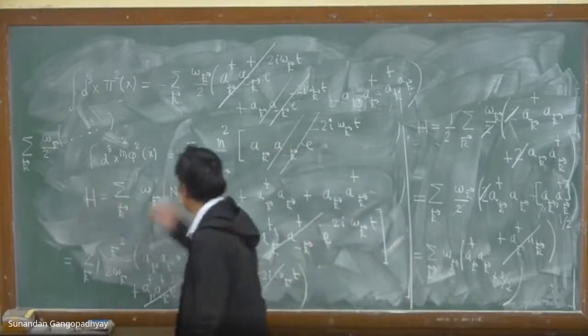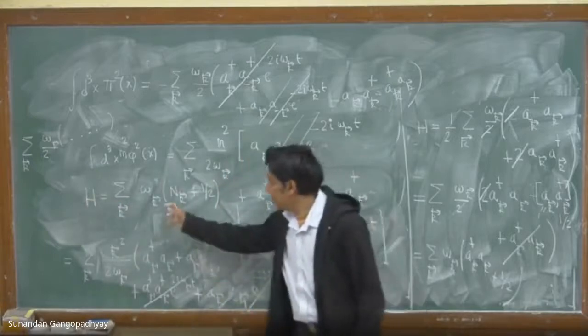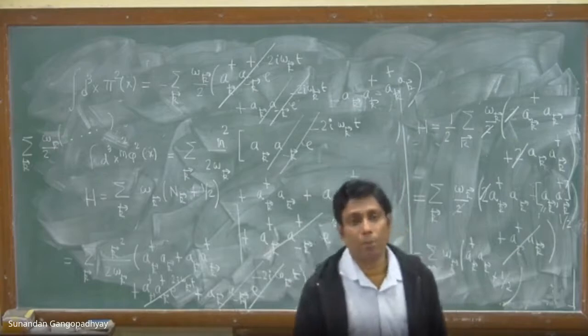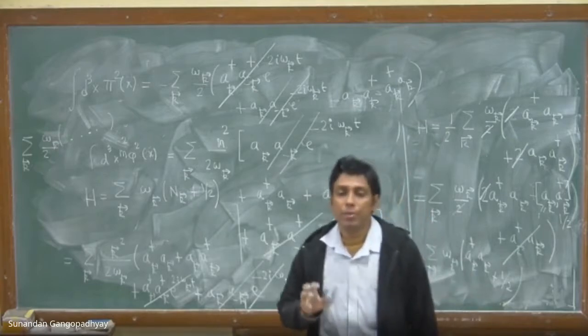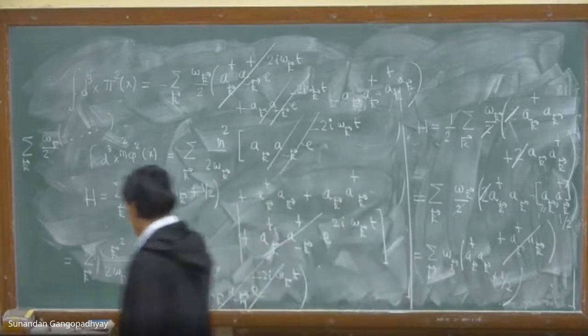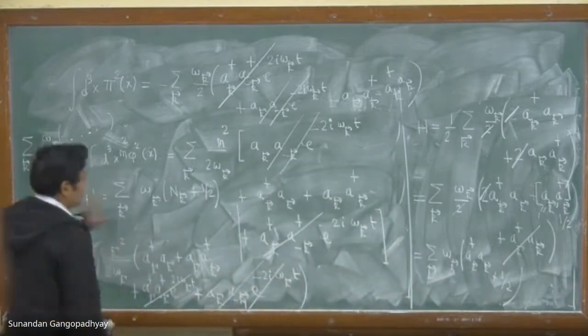And therefore, this is the Hamiltonian operator with the interpretation that the capital Nk operator is the number operator, which basically measures the number of particles with momentum k.